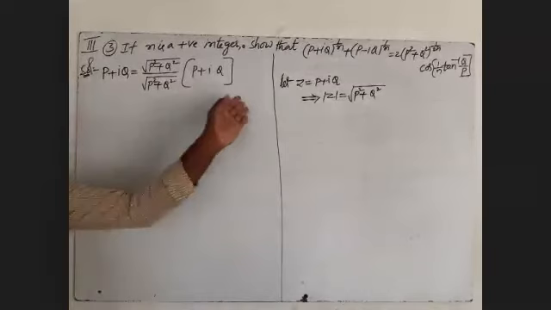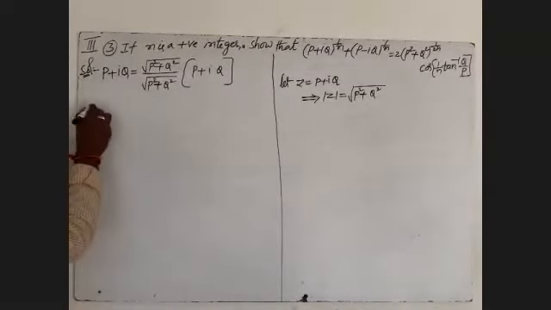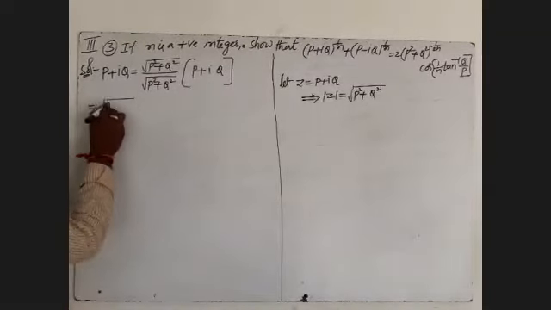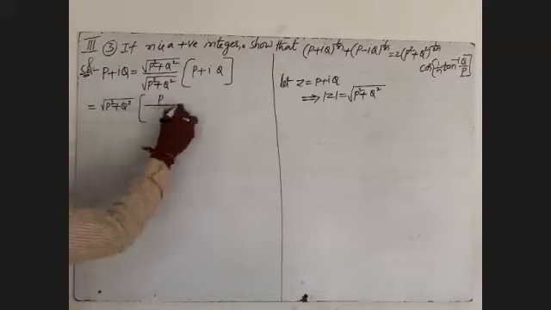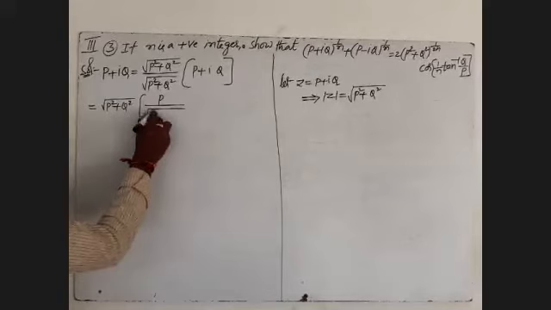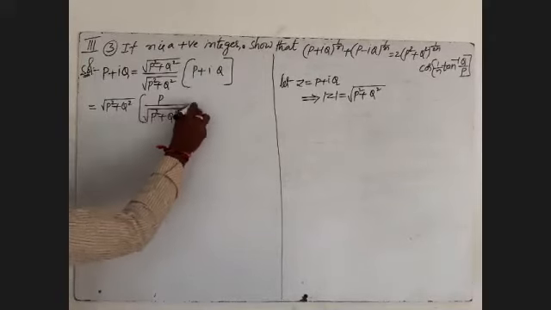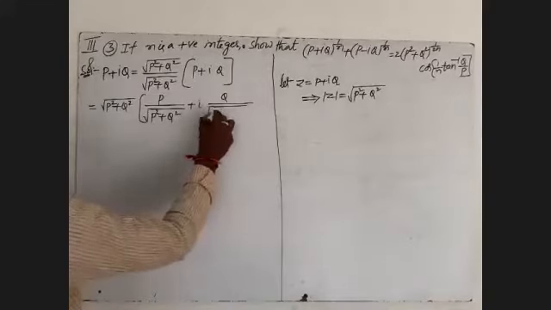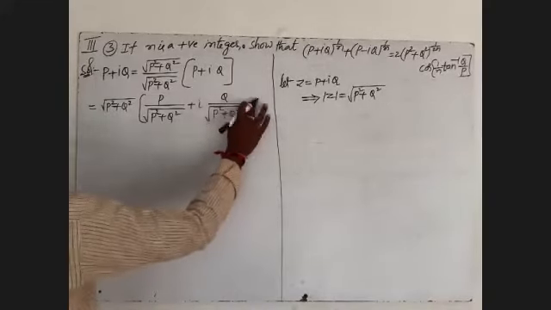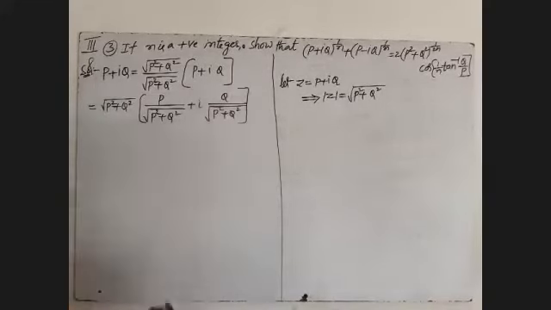We have to expand the denominator, so I write root of p square plus q square into p by root of p square plus q square plus i into q by root of p square plus q square.